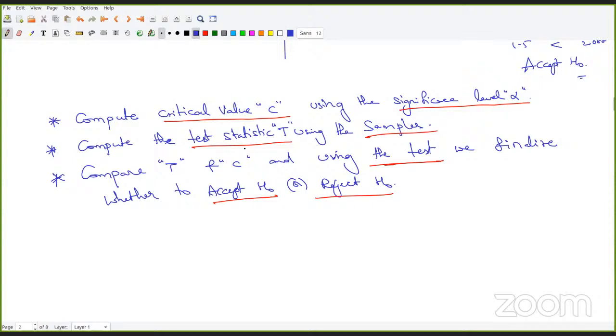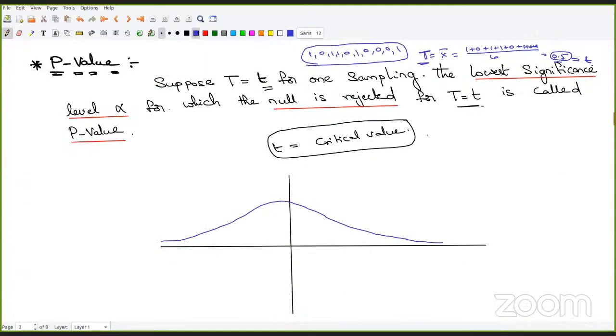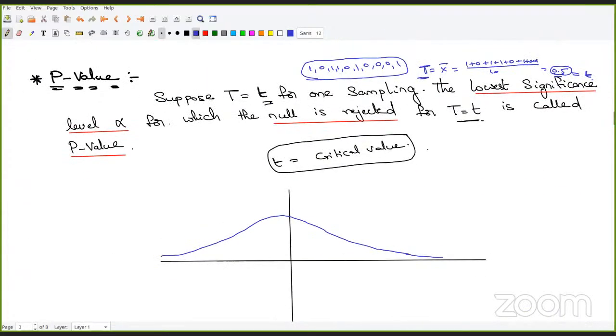Using the samples you compute the test statistic value, and that is called small t. Suppose capital T equals some value small t, which we know. Simply we can say it is the result of the test statistic. We use this test statistic in order to perform the test.